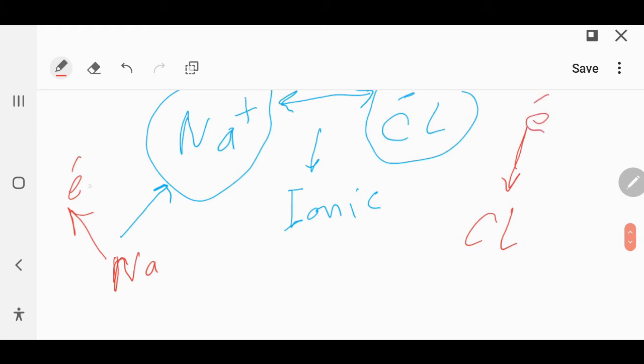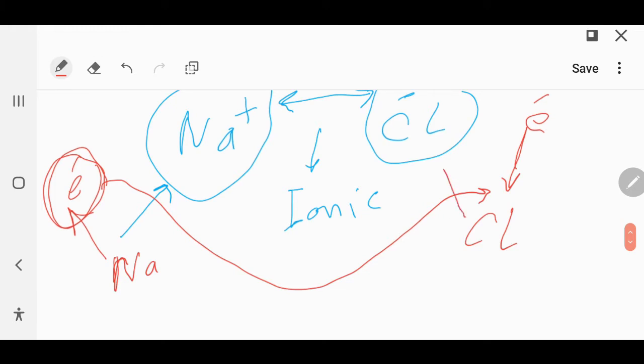So the same electron that was lost from Na will go to chlorine. This is why chlorine becomes Cl-. After this process, the electrostatic attraction between Cl- and Na+ will form what we call an ionic bond.